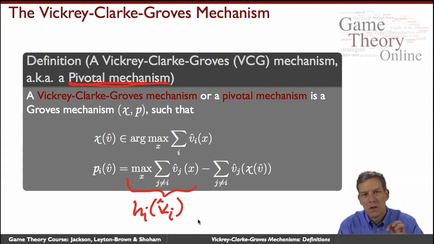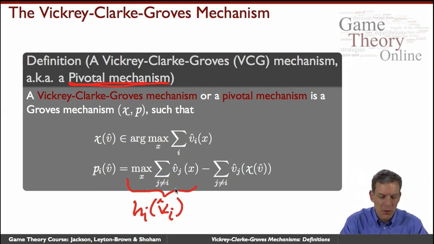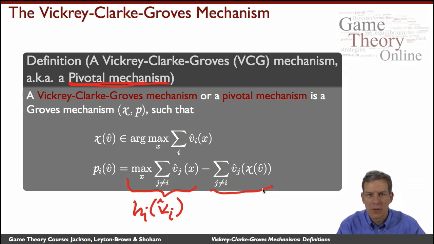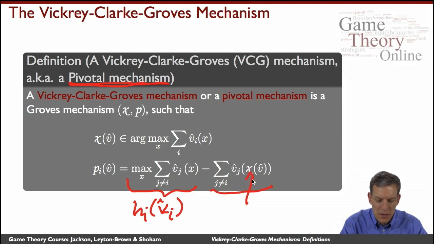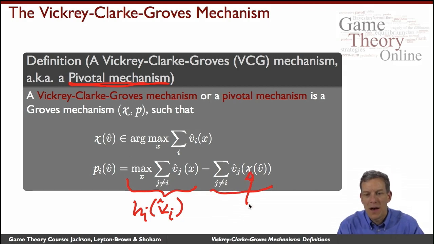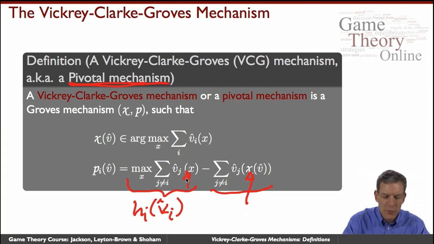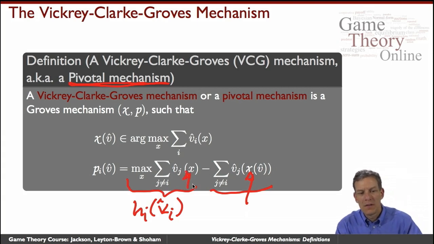So what would society choose if i were ignored, and then look at the total sum of utilities that would come out of that, and compare that to what people get when i is taken into account, right? So this is the choice that's made when i is being accounted for. This is the choice that would be made if we ignored i. And this pivotal mechanism, what it does in terms of i's payment is say, how much would everyone get if we ignored you?